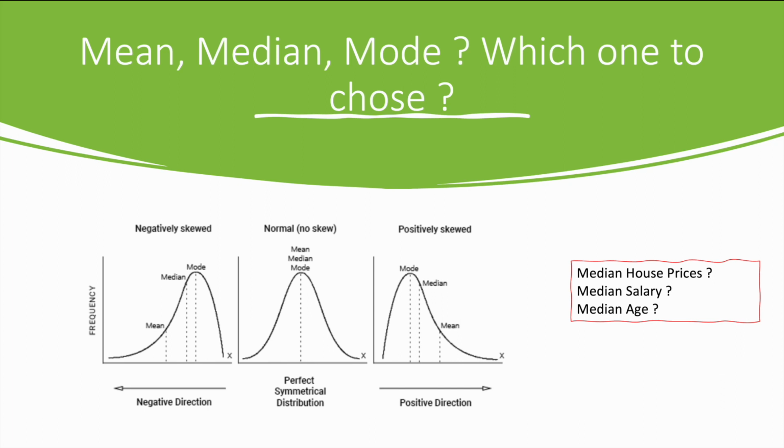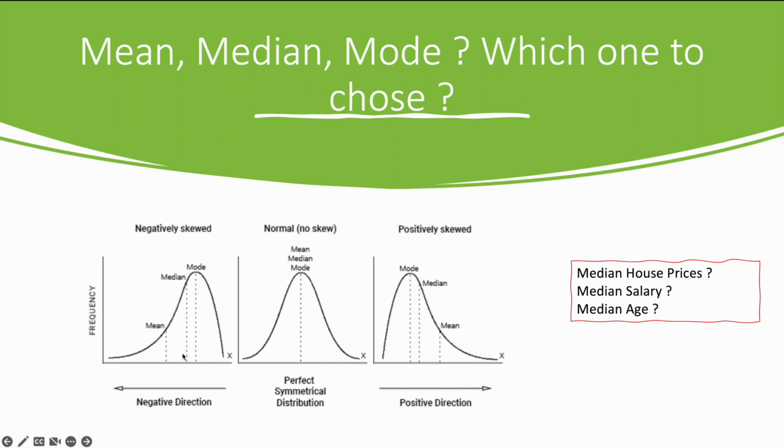Okay. Now on the figure, if the distribution is perfectly symmetrical, and by distribution I mean that if you draw frequency on the y-axis and my data points on the x-axis, and the graph which comes out is very symmetrical, then mean, median, and mode will all exist at the same point.